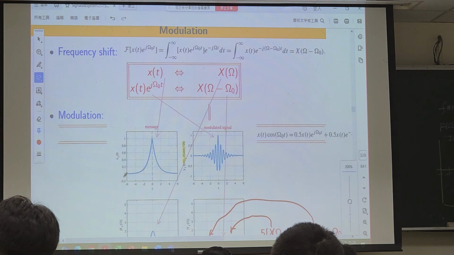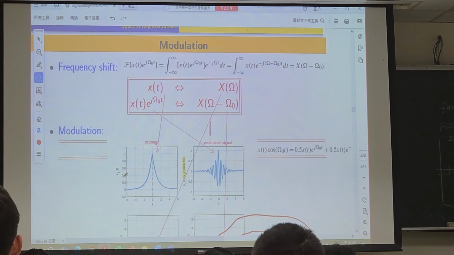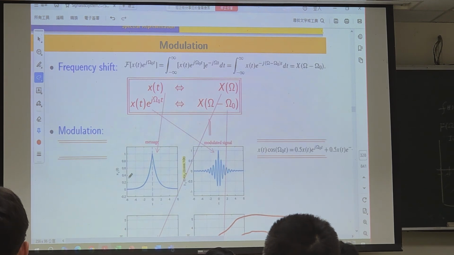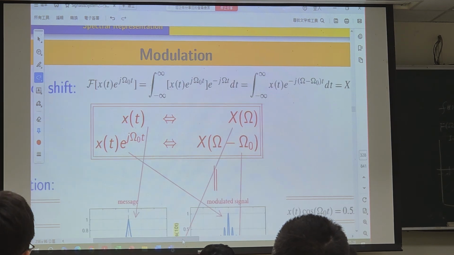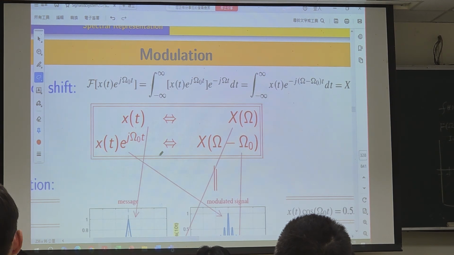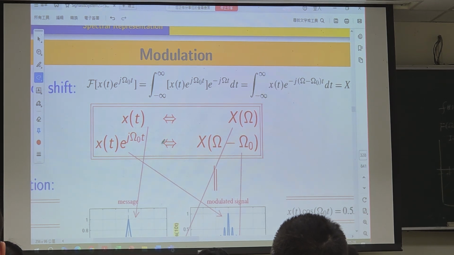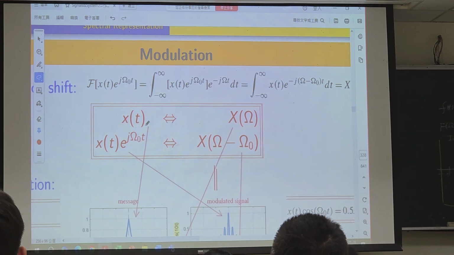Now here we are going to reconsider the modulation or frequency shift. We have this one before. Actually, in the Fourier series expansion, we also have this one, but in the Fourier transform, we have a similar result. So let's consider the function x of t.